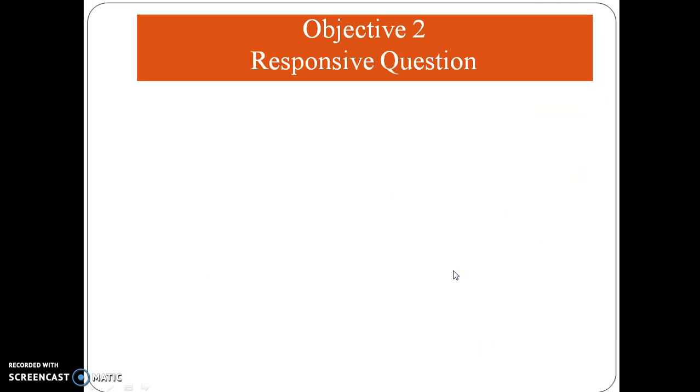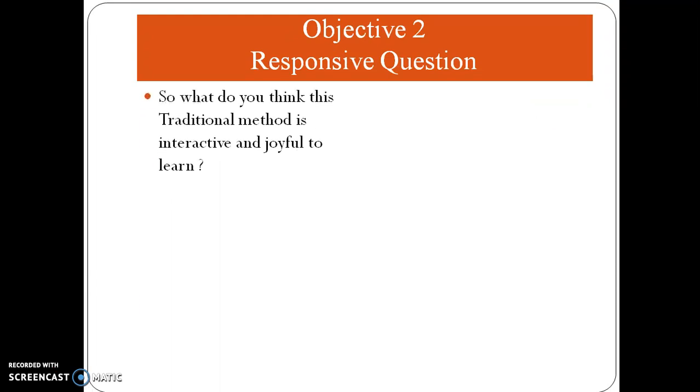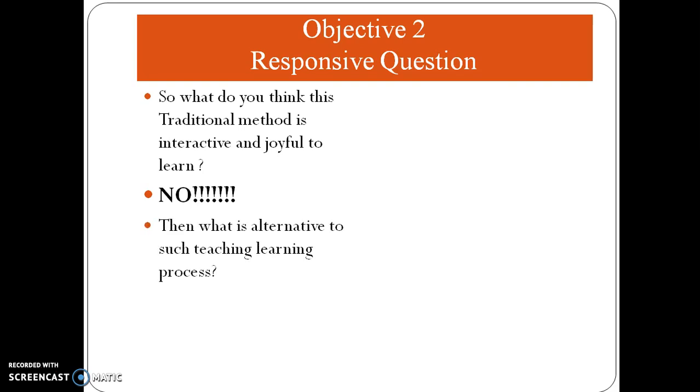So do we still want to use such traditional methods in which no interactive or joyful methods are used for learning and teaching? The answer is obviously no. Now, what is the answer for such traditional methods? Obviously, the answer is computers, or use of computers.